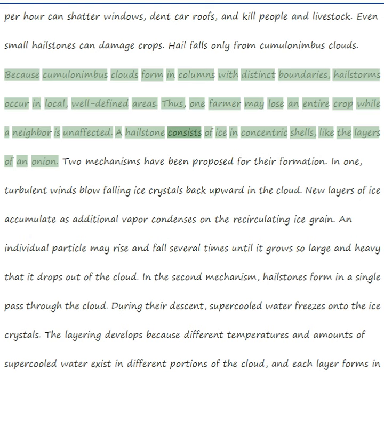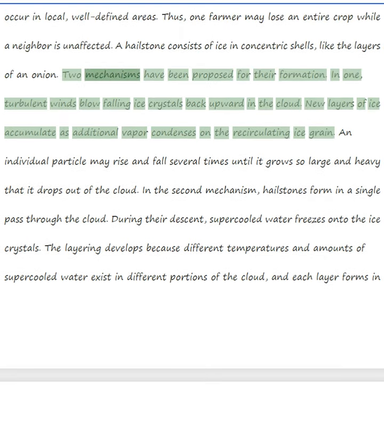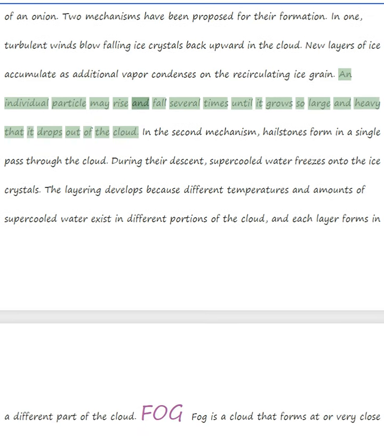A hailstone consists of ice in concentric shells, like the layers of an onion. Two mechanisms have been proposed for their formation. In one, turbulent winds blow falling ice crystals back upward in the cloud. New layers of ice accumulate as additional vapor condenses on the recirculating ice grain. An individual particle may rise and fall several times until it grows so large and heavy that it drops out of the cloud.